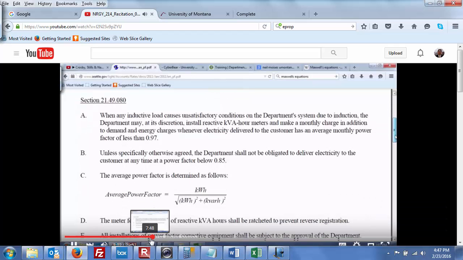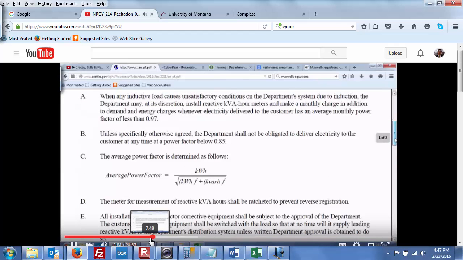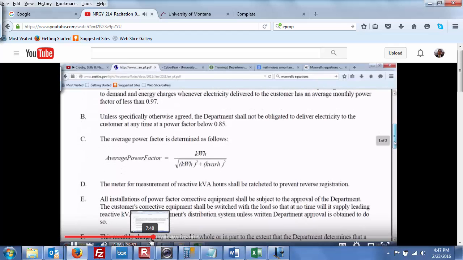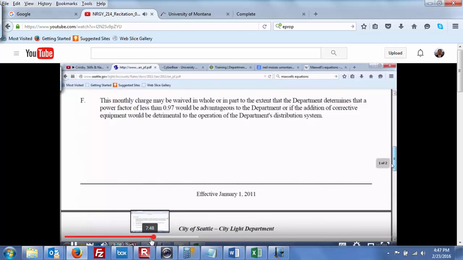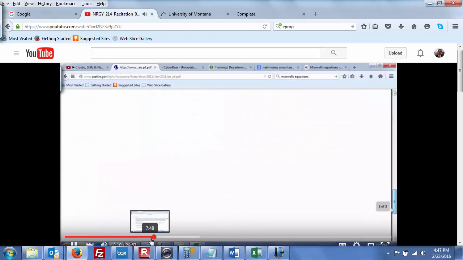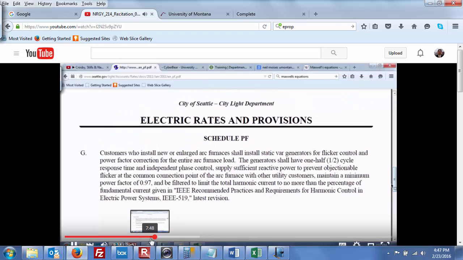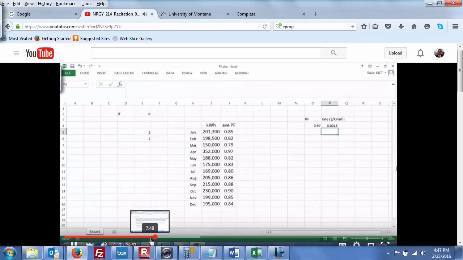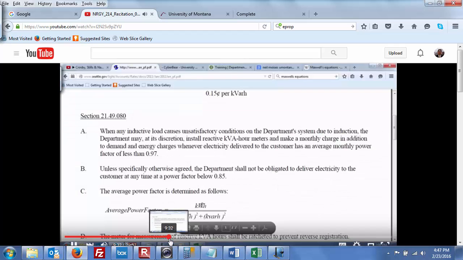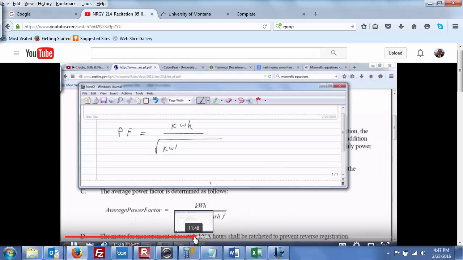So we already have the average power factors calculated. Equation, kilowatt. Okay, that's where I solved that.